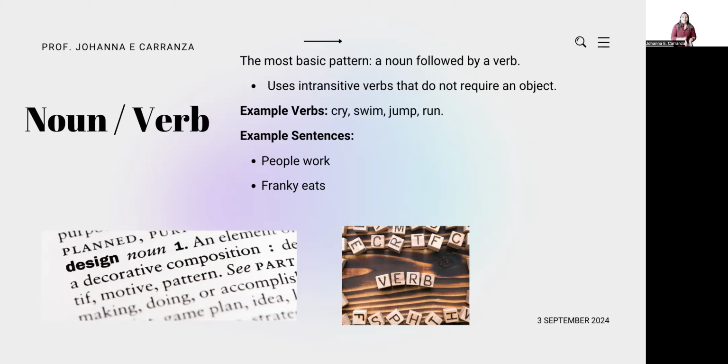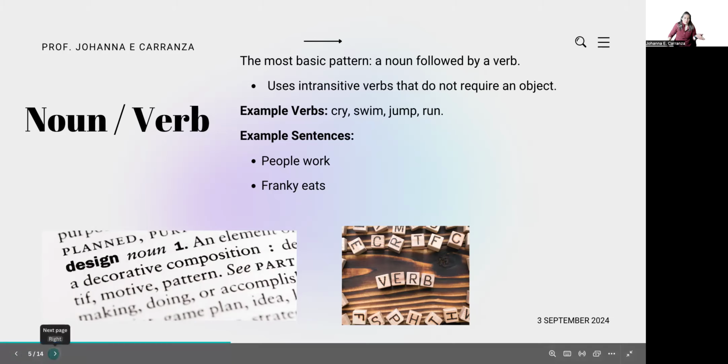No, sorry, it does not require an object. So verbs like cry, swim, jump, run, dance, happen, agree, sleep, laugh, go, those are intransitive verbs. There are many more, and remember they do not require an object. For example, people work or Frankie eats. That's a complete sentence, and it's fine.